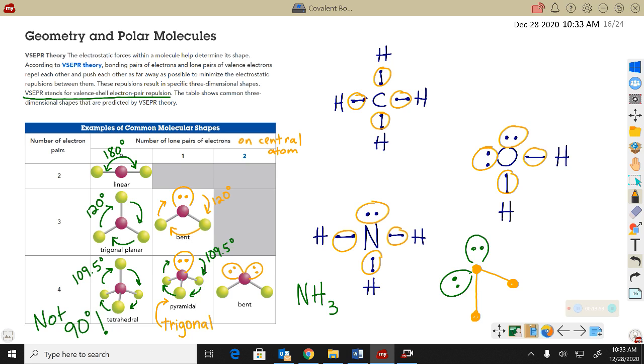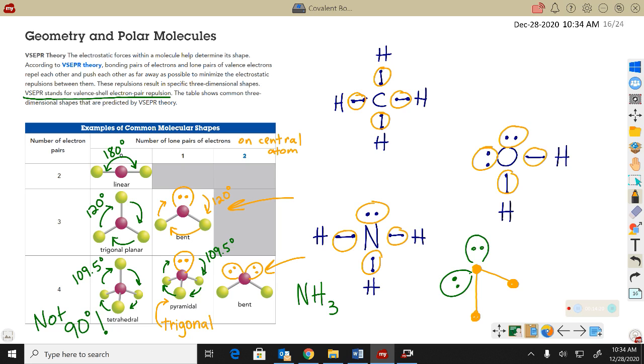So linear is if you only have 2 electron groups, and that's it. No extra lone pairs. But both of the bents have at least 1 lone pair. So you still have 2 atoms, but the middle bent has 1 lone pair, and this bent has 2 lone pairs.